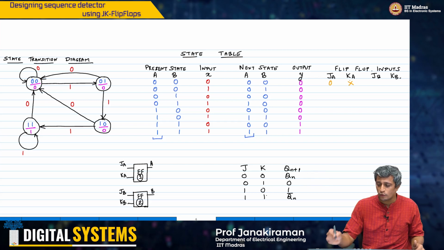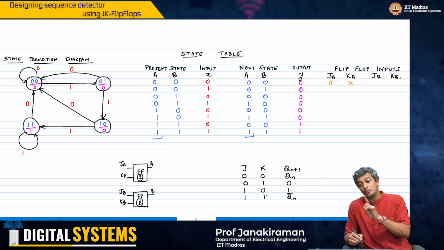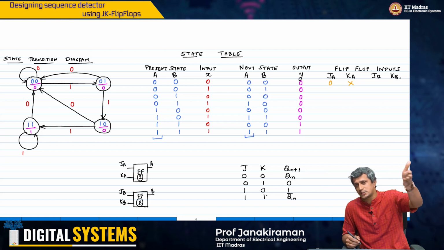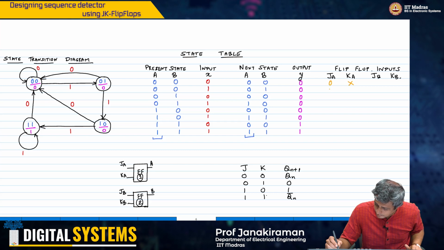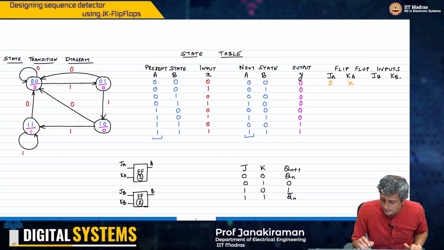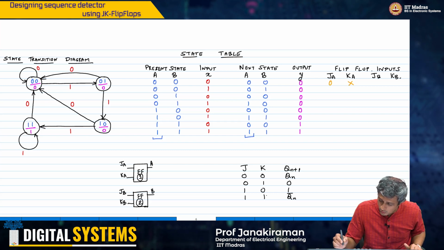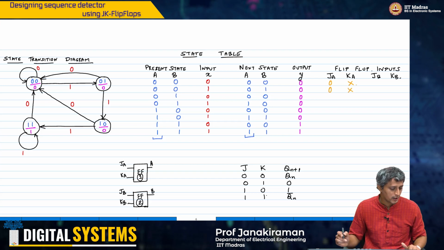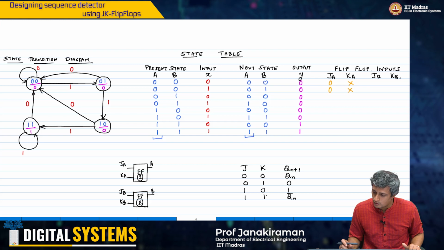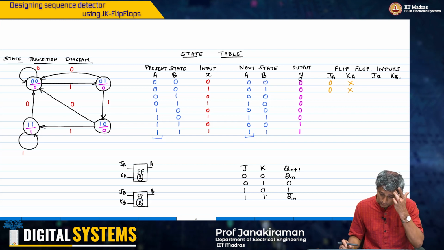And therefore I can put a don't care condition on my K map, something that was not possible in the D flip-flop case. Likewise, my present state is 0, next state again 0, so again I would simply do 0 x here.